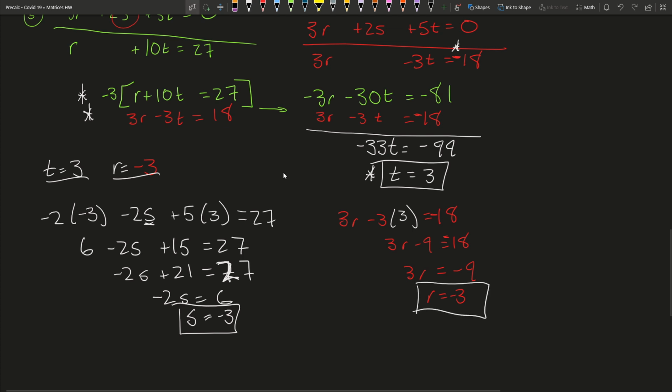Again, this is kind of the work that I would expect. And yeah, it's really easy to mess up, but that's why you got to be very, very careful. Okay, so that's the first part of the problem. Are there any questions over this elimination part?